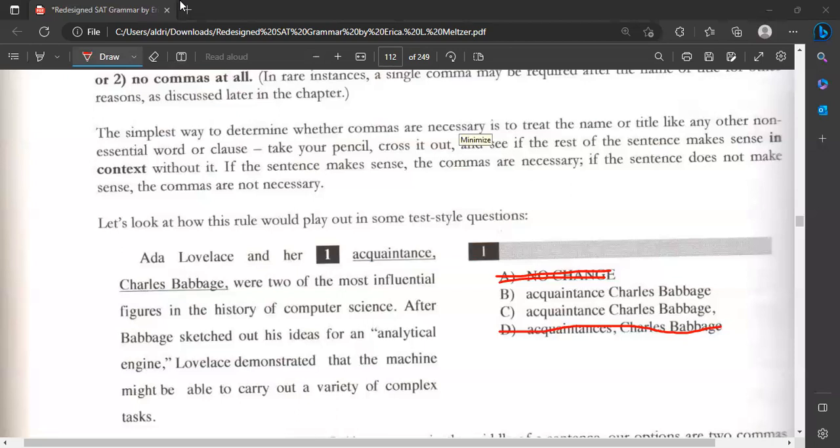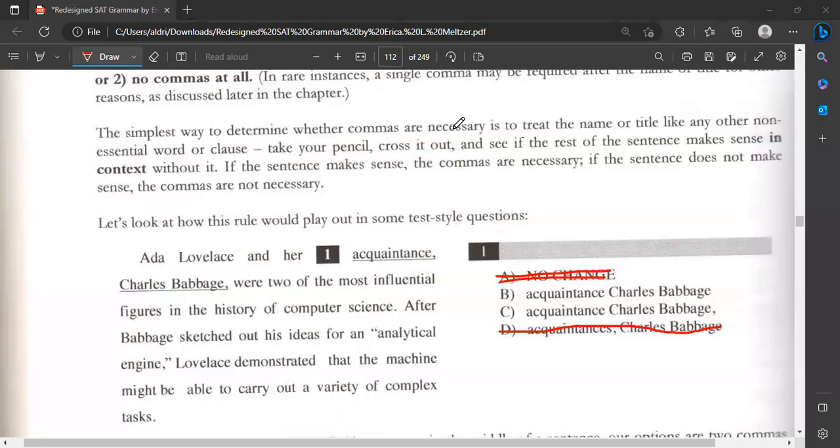I get it. Oh, okay, that was quick. So this is a concept that's usually overlooked, and it's possible that Ada Lovelace only had one acquaintance, but you know, we can assume many things on the SAT, or in 2023, but you get what I'm trying to say.